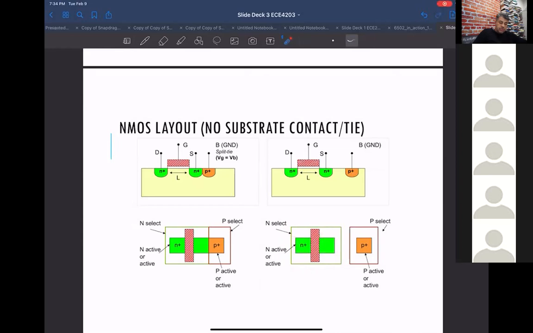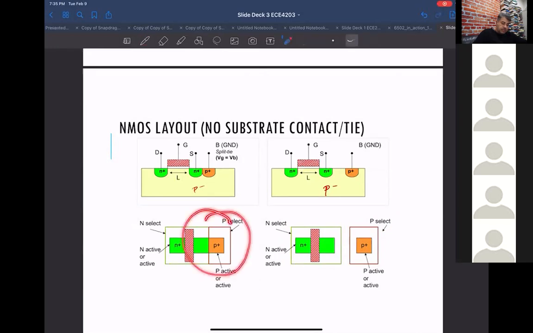Those are your source and drains. Then you put an active here, and you cover it with P select. What that's telling the fab is they want to do a P implant over here, so you end up with a P plus there that acts as your substrate contact. And again, remember the substrate is P minus.